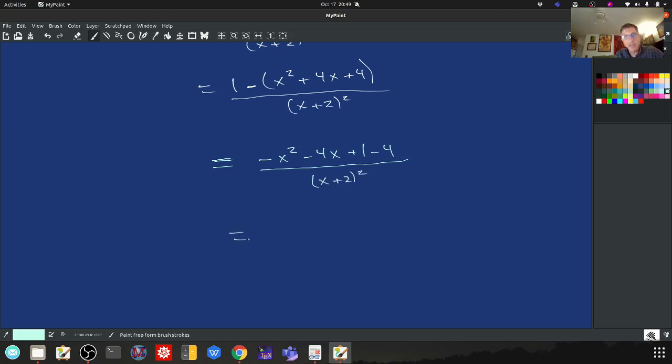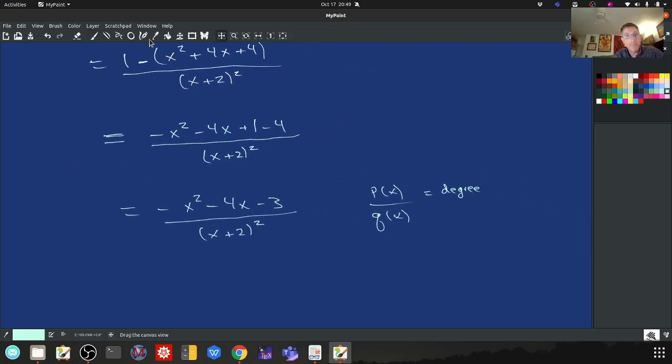So our final answer is minus x squared minus 4x minus 3 over (x plus 2) squared. So our degree of p of x and our degree of q of x is both equal to 2. They're the same.